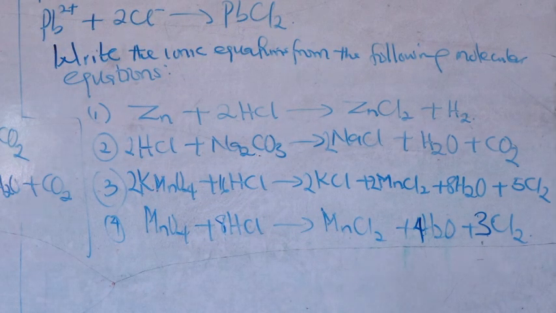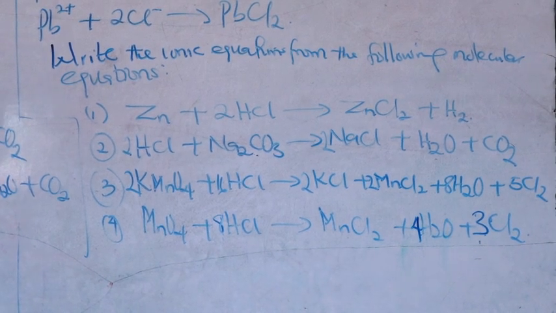Write the ionic equation from the molecular equation there. The first one is zinc reacting with hydrochloric acid to give zinc chloride and hydrogen. The second one is HCl reacting with Na2CO3 to give NaCl plus H2O plus CO2.